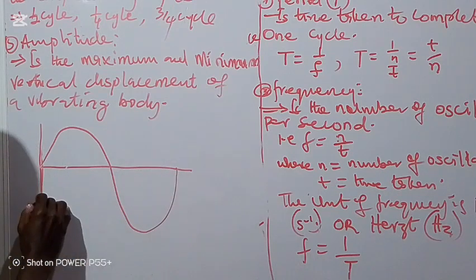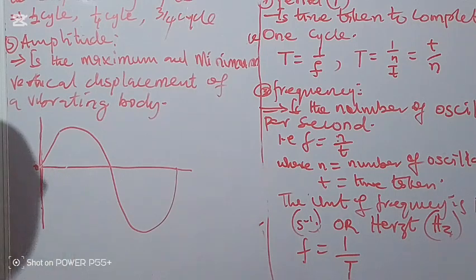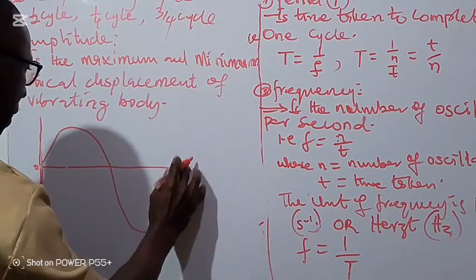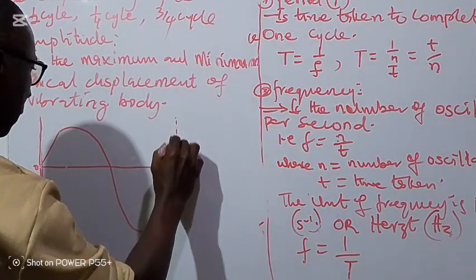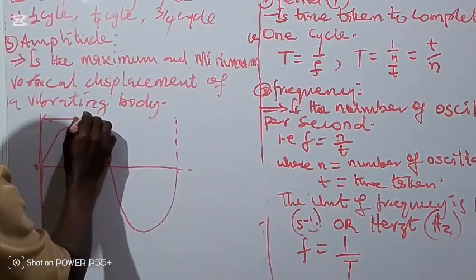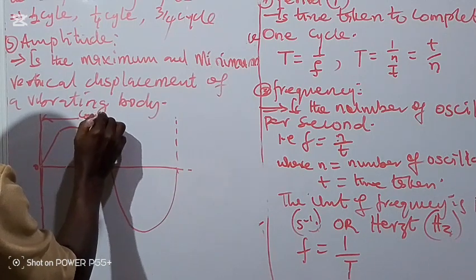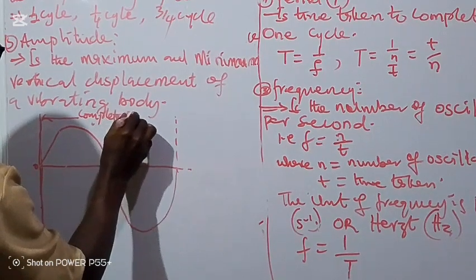This is equilibrium position. From here to here, this is a complete cycle.